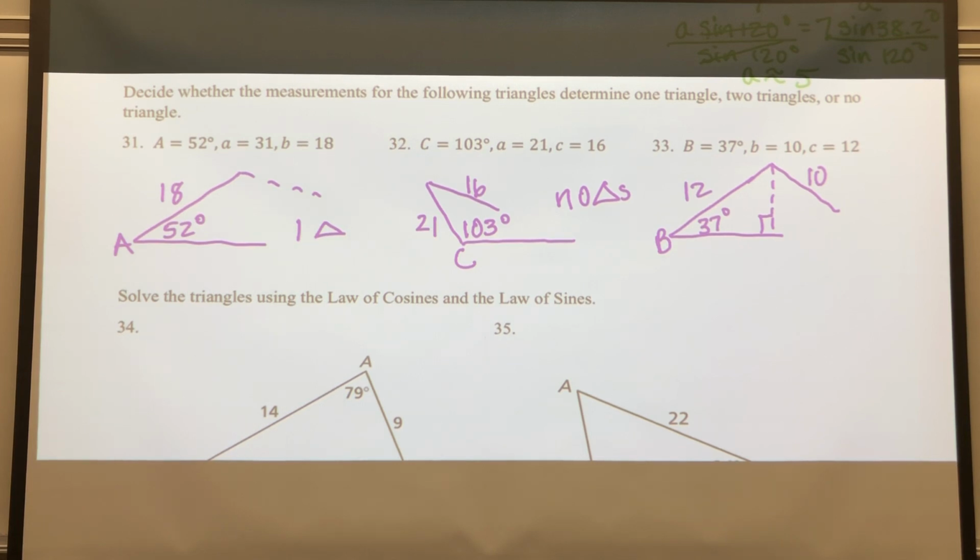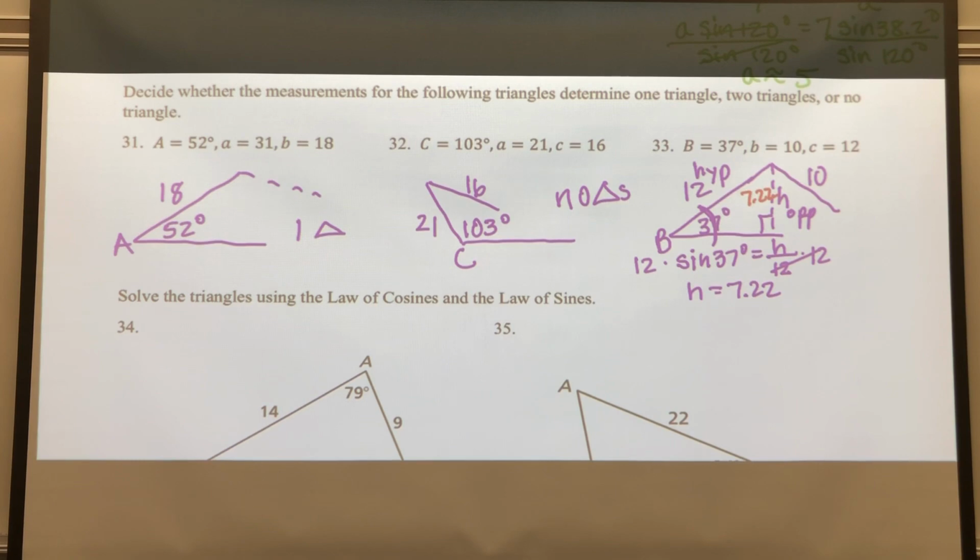Okay, so to find the height, if I'm looking at this angle and it's a right triangle, this is my opposite side. This is my hypotenuse, and that is the sine function. So I take the sine of 37 degrees equals my opposite over my hypotenuse, and then I multiply both sides by 12. So my height ends up being 7.22.